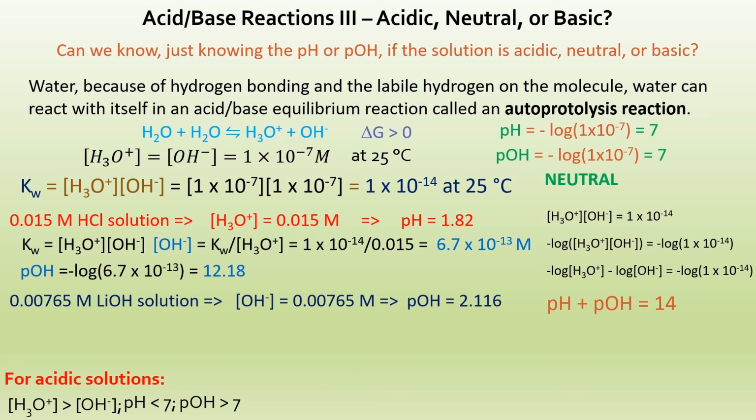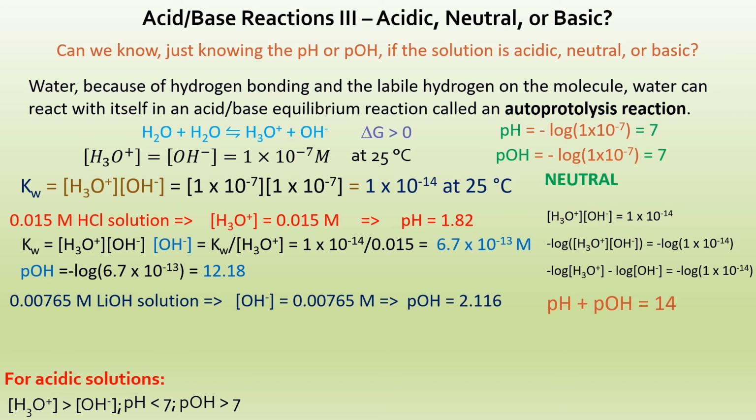Now let's look at our base example, the 0.00765 molar lithium hydroxide solution. This solution yields a 0.00765 molar hydroxide concentration and a pOH of 2.116. Now for this case, we will calculate the hydronium concentration in two different ways. First, we can calculate the concentration by simply using the Kw constant.